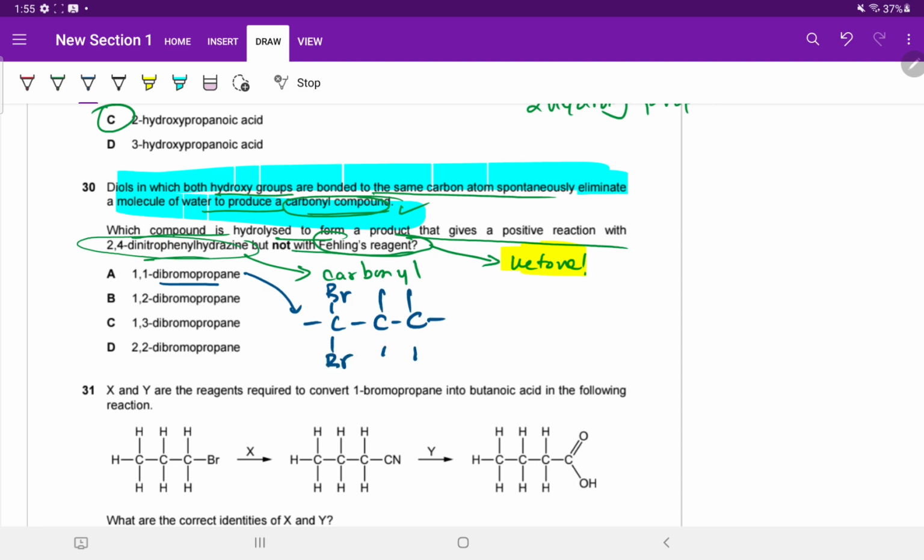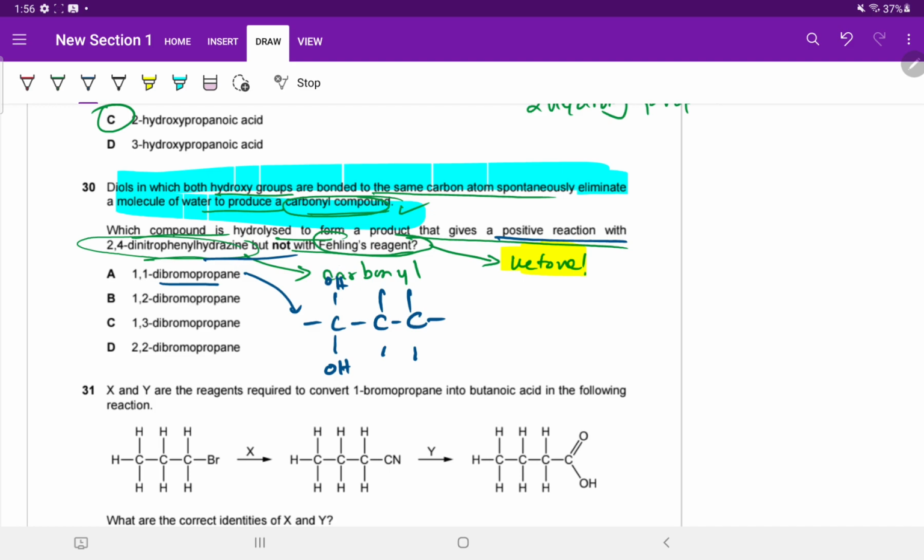So this is our first compound. So we know they have given us that this will spontaneously remove water to form a carbonyl compound. So at first, whenever they are hydrolyzed, these bromines will get replaced by OH, forming OH and OH. Now this OH is formed.